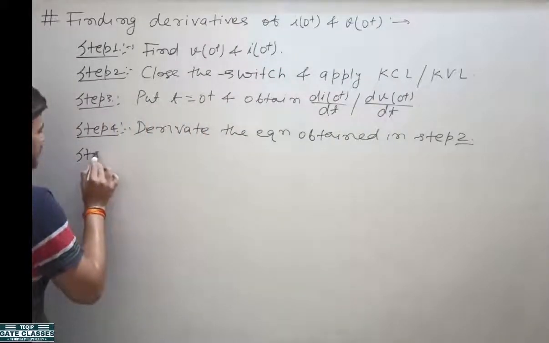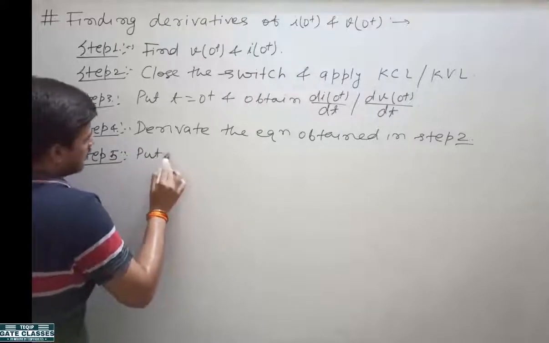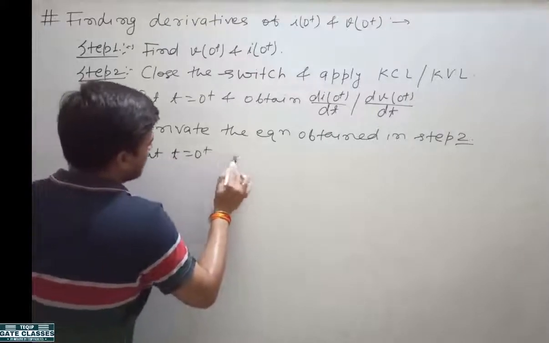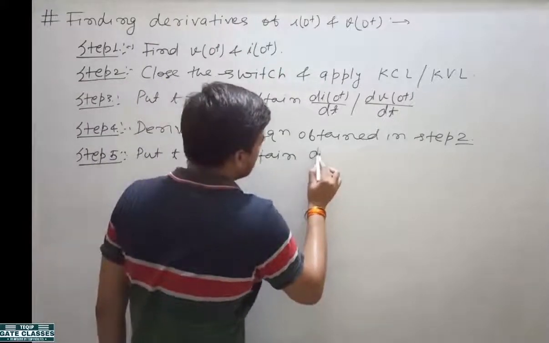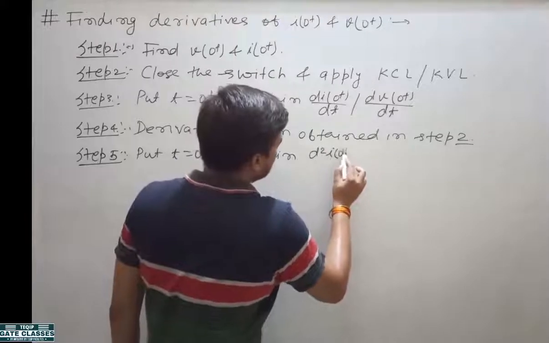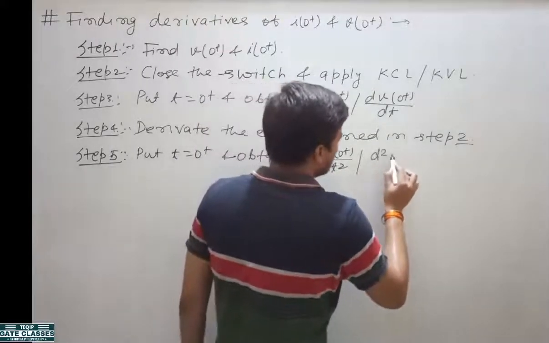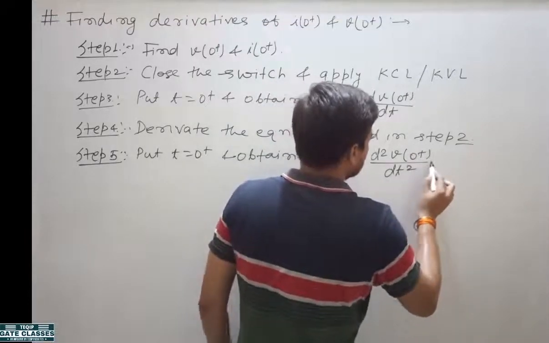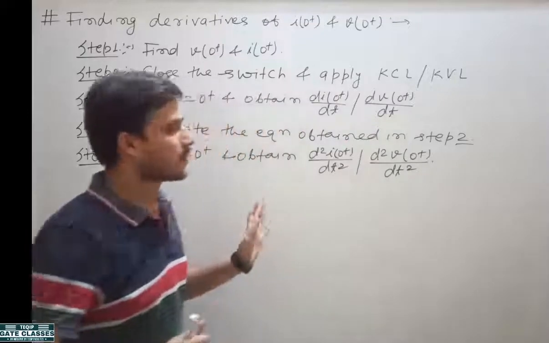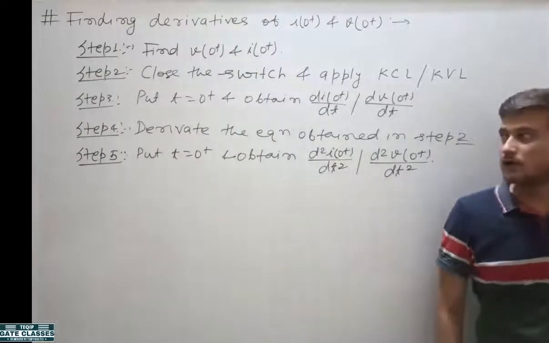Next, step 5 is put t equal to 0 plus and obtain d square I0 plus upon dt square or d square v0 plus upon dt square. Clear? So these are the steps that you need to follow.